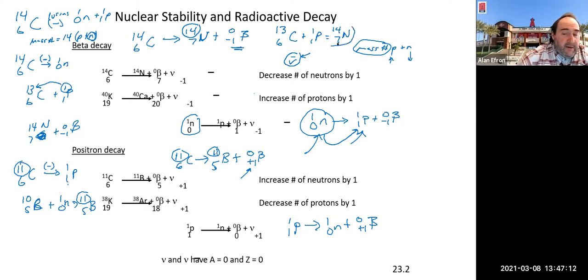And ultimately, though, when we look at the big picture, he started with 14 in terms of the mass number. It actually ended with 14 in terms of the mass number. And you may think, well, nothing really happened in that case. But actually, something did happen. We actually lowered the neutrons by 1, but we gained 1 proton. So that change that occurred basically canceled each other out. And overall, it looks like nothing has happened in terms of the mass number.